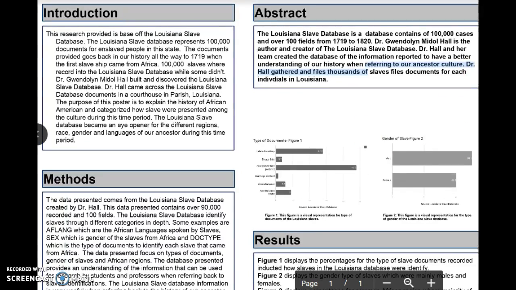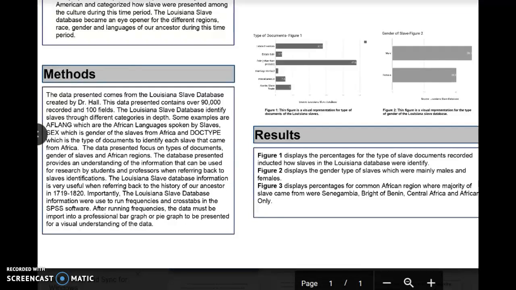Now I will talk about the methodology of my research project. The methodology reads as follows. The data presented comes from the Louisiana database created by Dr. Hall. This data contains over 900 recorded and 100 filed.